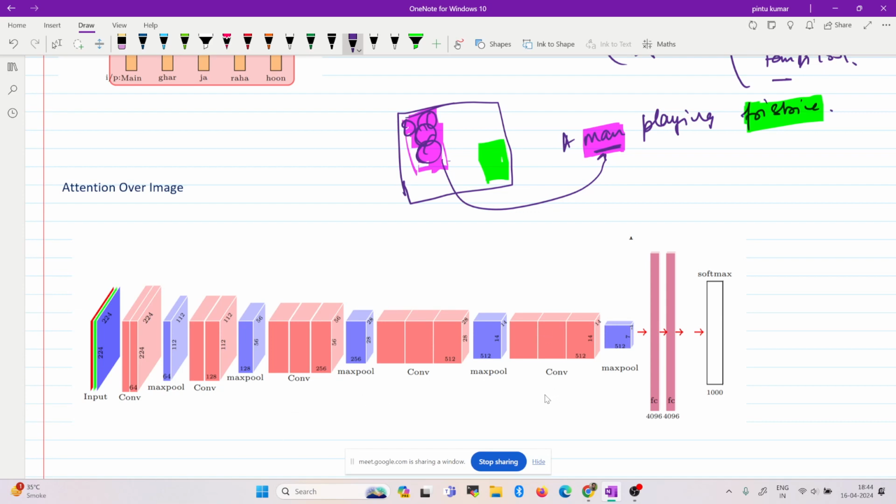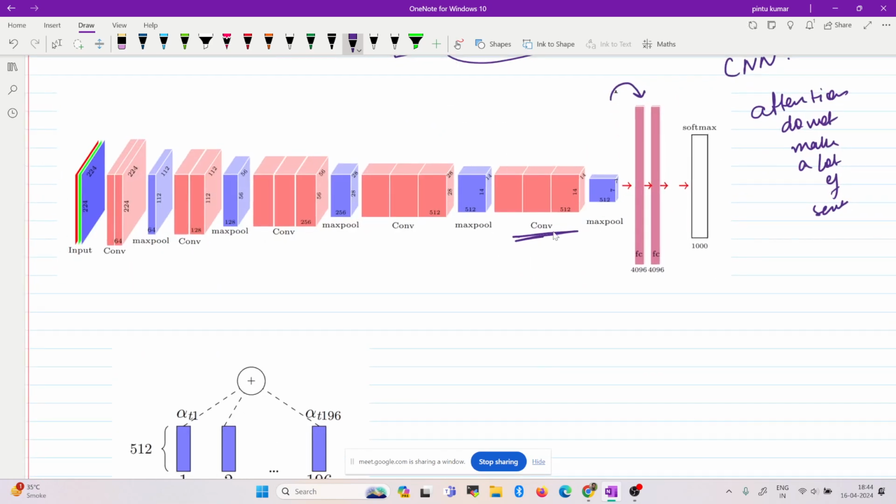Now, what we can do is, let's say you have some convolutional neural network, that is your CNN. If you reach the fully connected layer, then attention doesn't make a lot of sense. So what we do is, in this convolution layer, you have 512 channels of 14 cross 14.